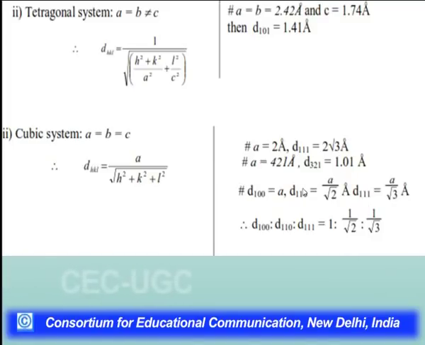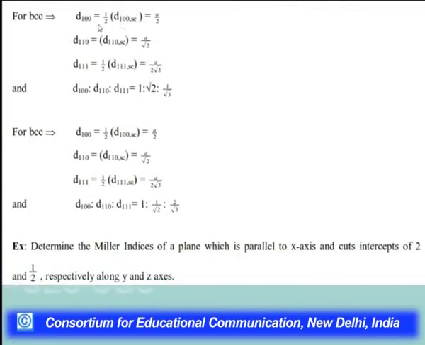Now here we see the ratio of the interplanar spacing of these planes for d_100, d_110, d_111 is defined as 1 by root 2, 1 by root 3. The next example is we calculate for d_100, its value is a by 2, d_110 value is a by root 2 for the BCC structure, the body centered cubic structure.